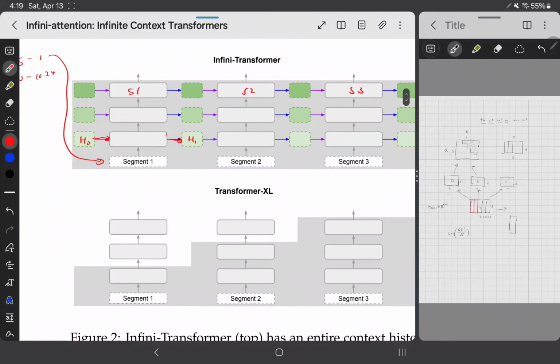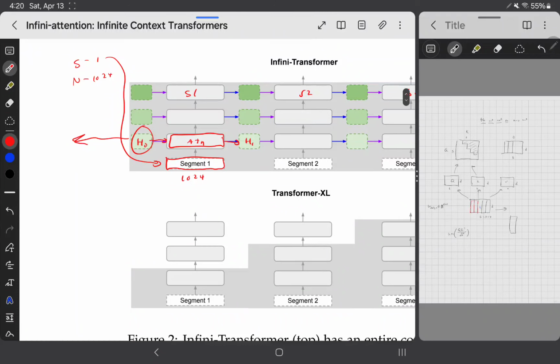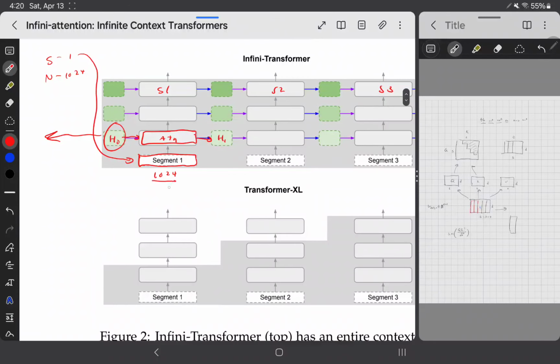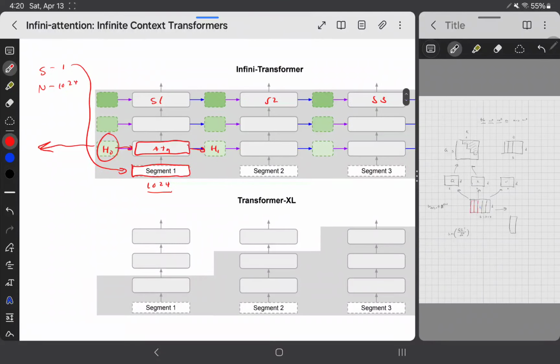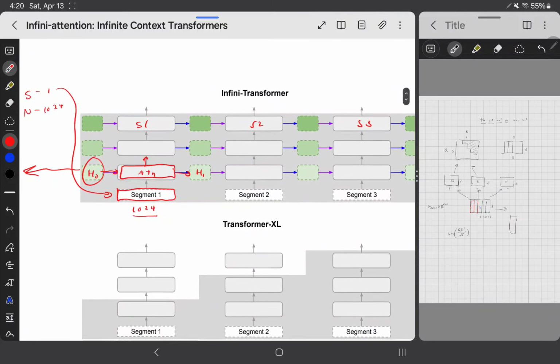It gets passed through this segment, which does a local attention on these tokens. It takes in H0 and combines knowledge of all the tokens from the past as well as all the current tokens, or all the tokens in some fixed window, and then it does the attention output.